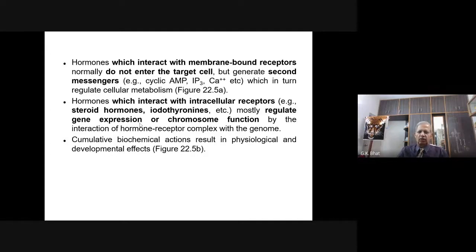The mRNA comes out and initiates translation, and thereby the relevant protein is produced, and this production of the relevant protein is also a result of the hormonal action. So hormones which interact with intracellular receptors mostly regulate gene expression or chromosome function by the interaction of the hormone-receptor complex with the genome. Cumulative biochemical actions result in physiological and developmental effects.